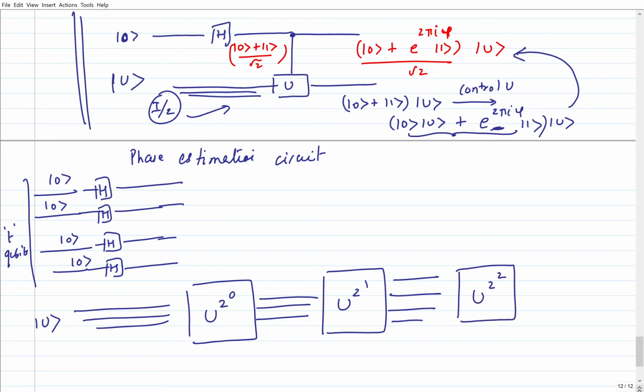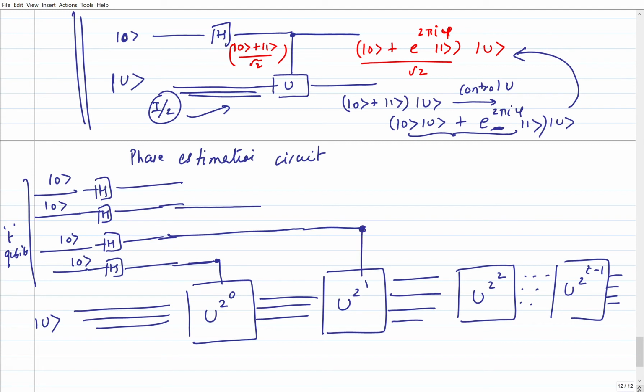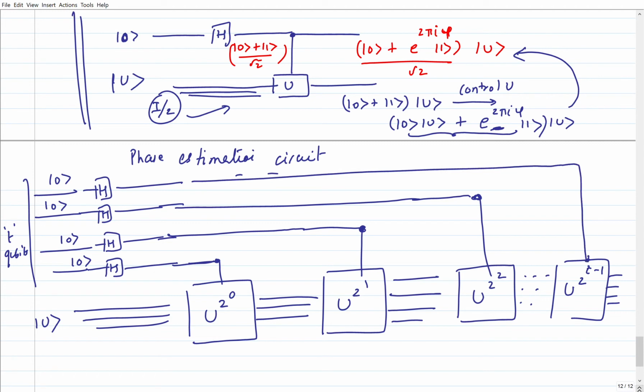And here I'm going to control these gates, which are the powers of the unitaries, and they get activated through a controlled operation.